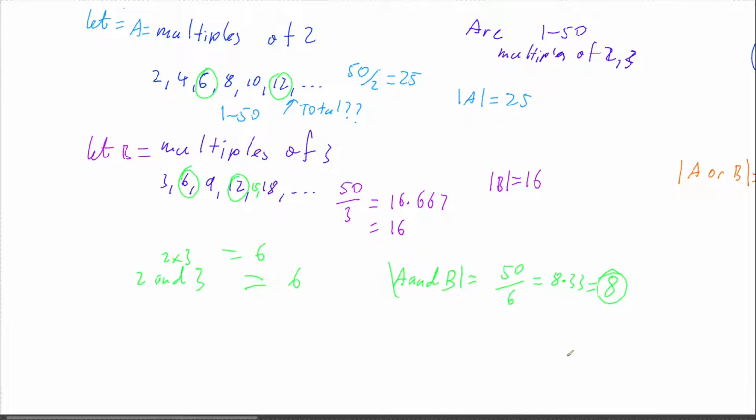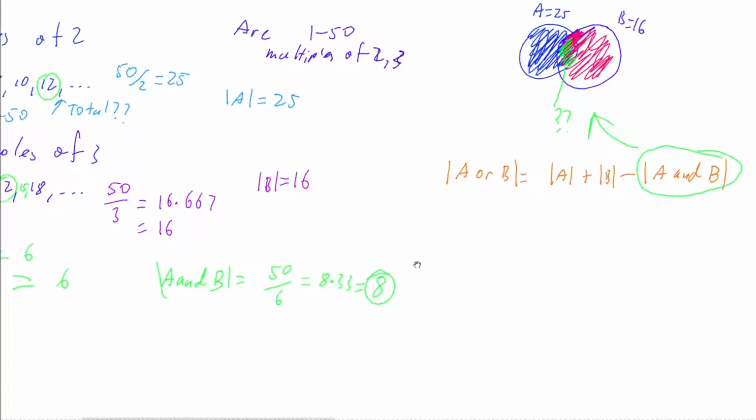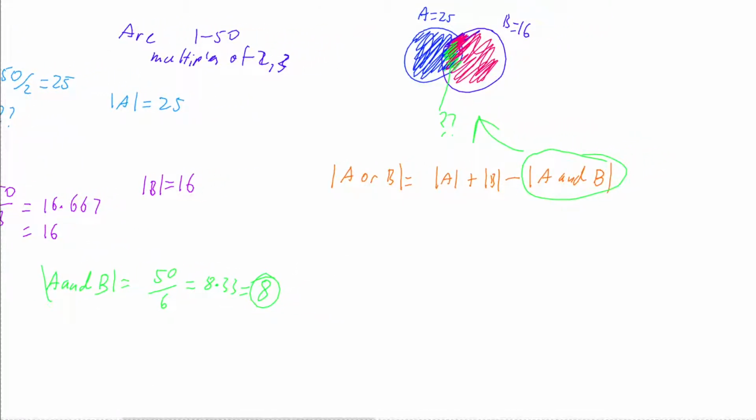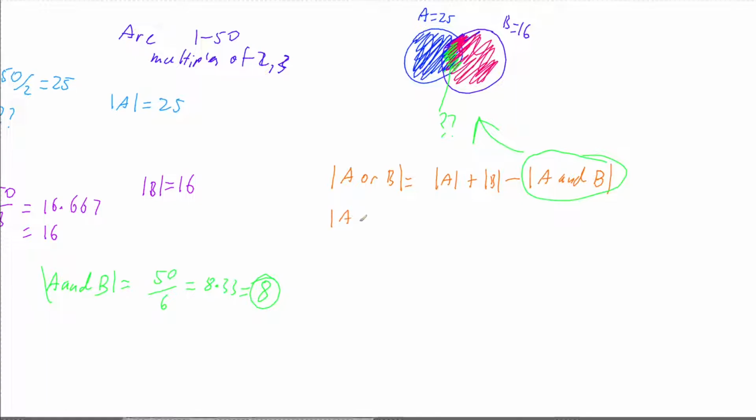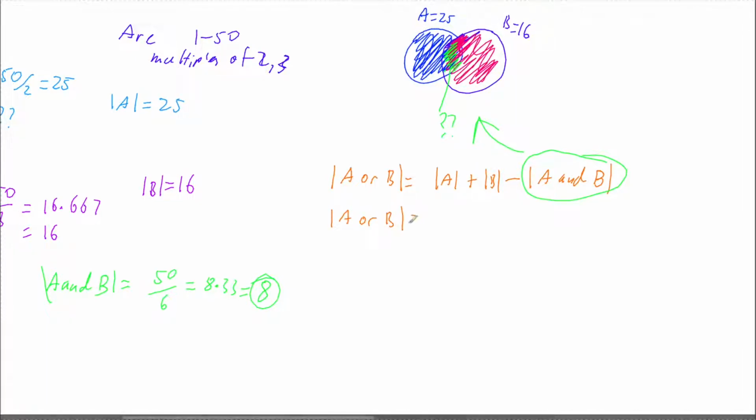So we have 8. So now, to get my answer of how many are in A or B, how many are multiples of 2 or how many are multiples of 3, I'm going to have my 25 that are in A, my 16 that are in B, but because I've double counted some numbers, I've got a minus of my double count.